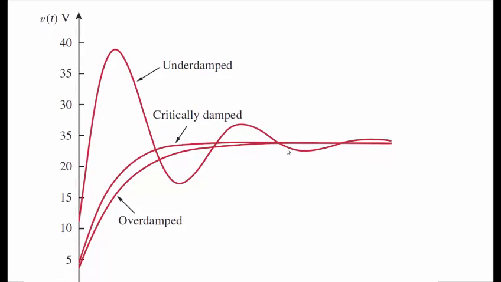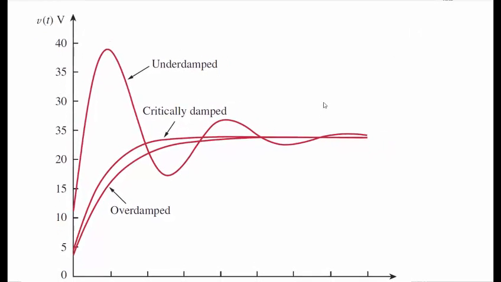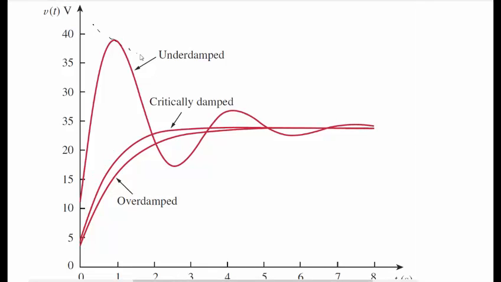So underdamped has the oscillatory behavior, and that's time on the horizontal axis. But the underdamped has kind of an envelope of decay right here, which I was talking about a moment ago. This decay envelope is the e to the minus 2t part of the underdamped equation.